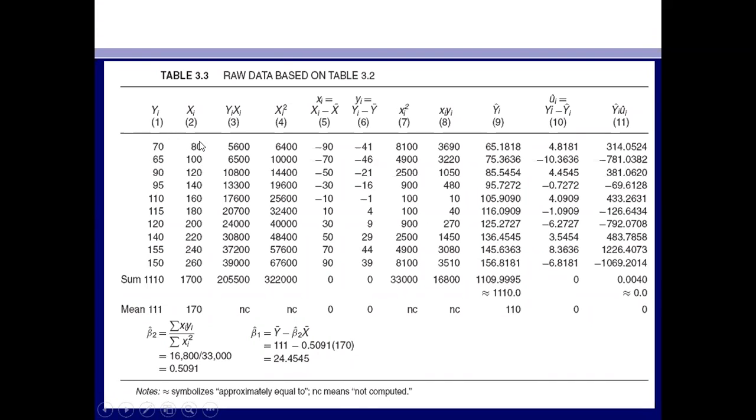Those who have access to Stata, I would request that they open it up and enter the data of table 2.4. I don't know whether you have that data or not, but if that is not the case, I will be calling the data and you can do it accordingly.